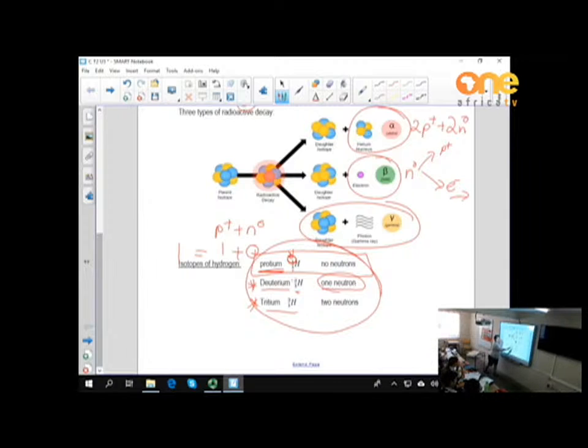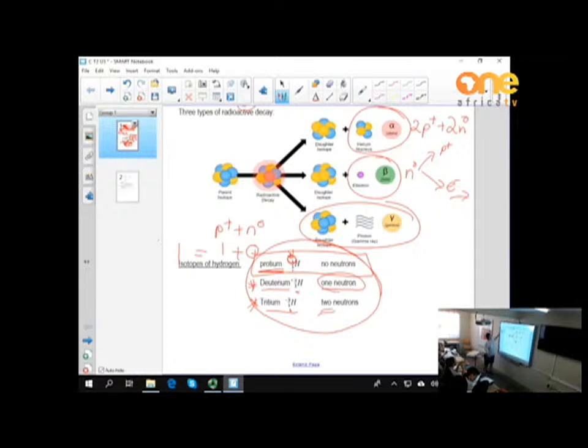And the last one, tritium, has 1 proton. It has to have 1 proton, it's hydrogen. If it has 2 protons, I no longer have hydrogen, I've got helium. So 1 proton there, but 2 neutrons to give me a mass of 3. Do you follow?